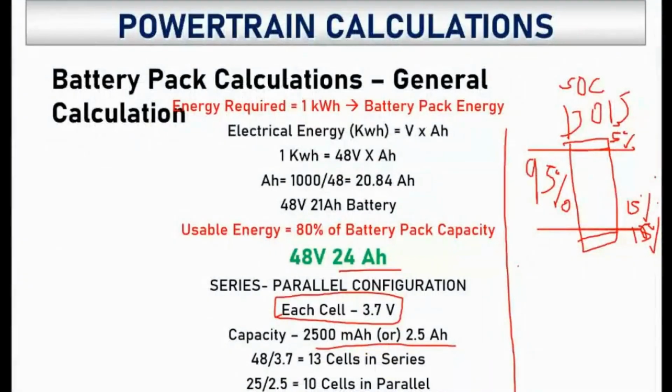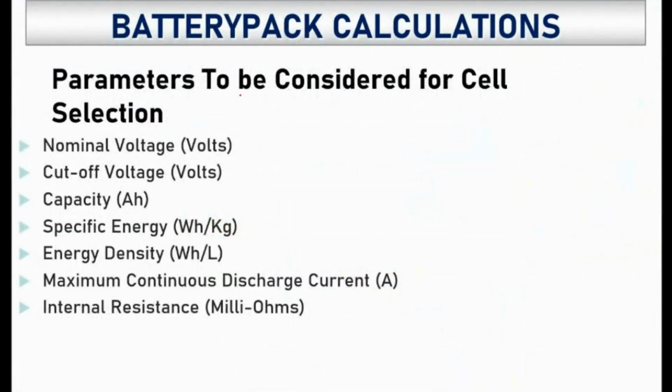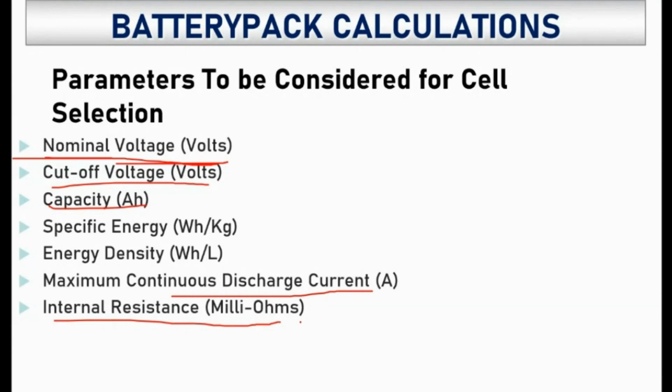Okay. Now the parameters to be considered for the cell selection. It's pretty much the same information we looked at for a motor. We should know the nominal voltage of the cell, the cutoff voltage, capacity, specific energy, energy density, continuous discharge current, internal resistance as well, and you should also know the C rate of the battery and the cell.